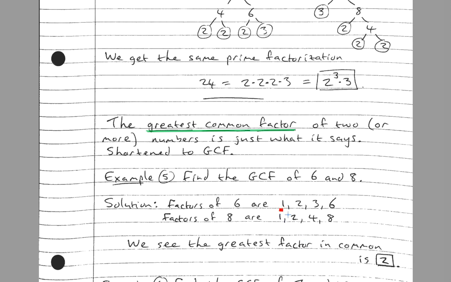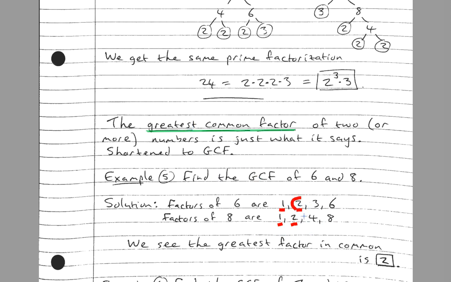So we can see the common factors. They both have factor 1, they both have factor 2. Nothing else in common. So 1 is a common factor, 2 is a common factor. What's the greatest common factor?